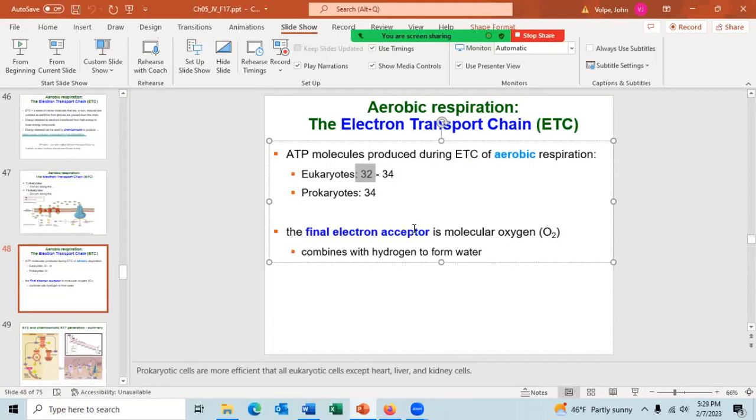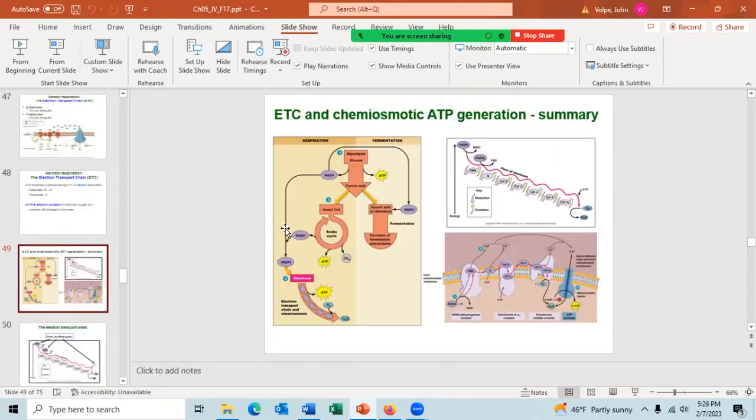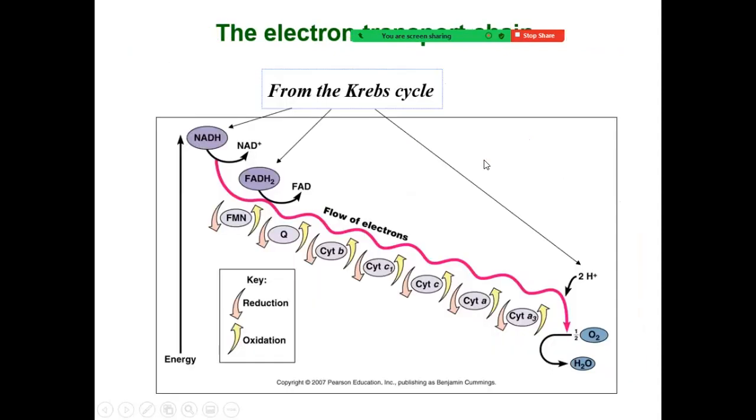And I've already mentioned the final electron acceptor in aerobic respiration is oxygen. It combines with hydrogen and the electrons to form water. This is showing you an overview of the aerobic respiration, and this is showing you what happens with NADH. Actually, I think I've got it better in this slide here.